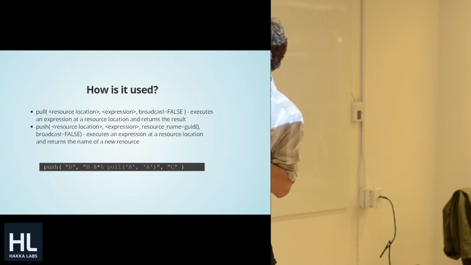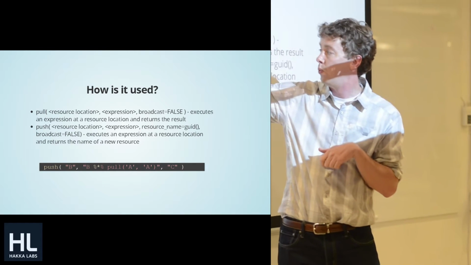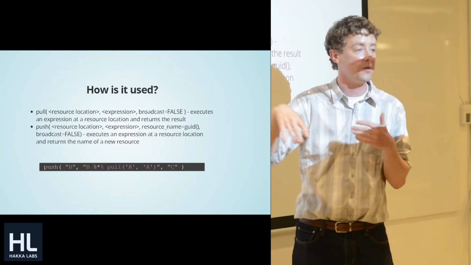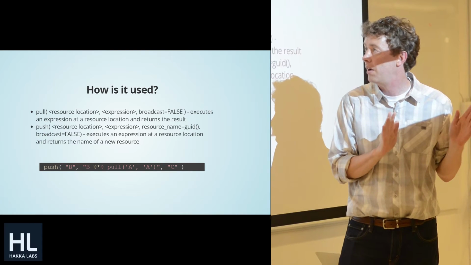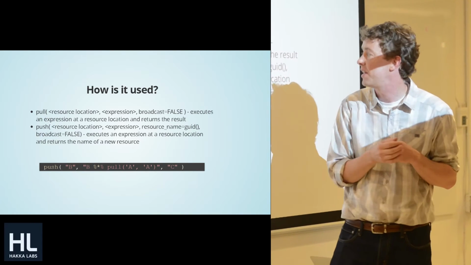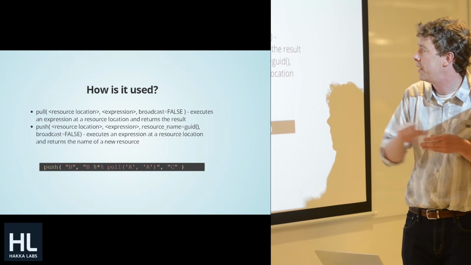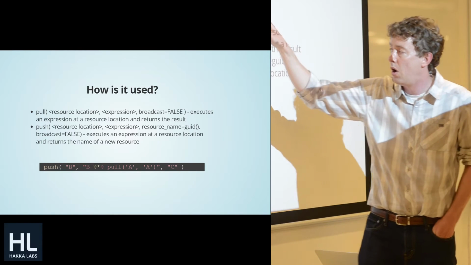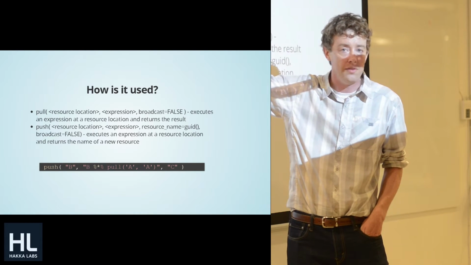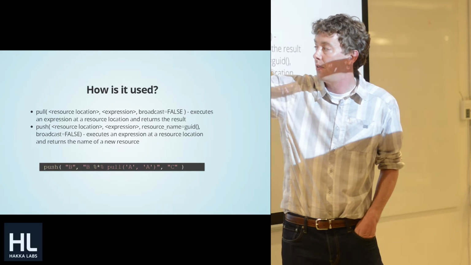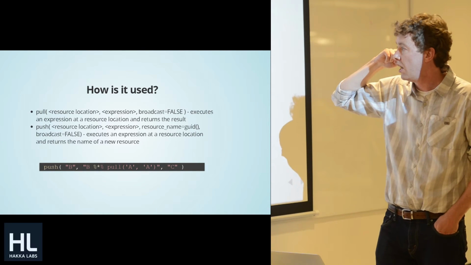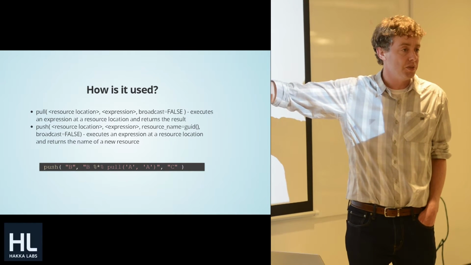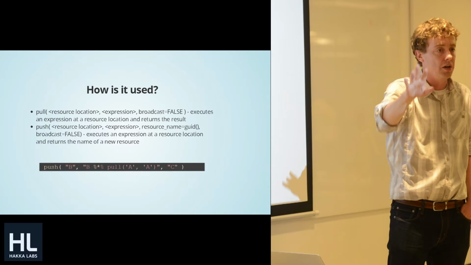So the arguments are where you want the expression to be evaluated in terms of the queues, either the resource location or some other resource naming that you decided on; the expression; and a broadcast option, so should the expression go out to all of the processes that are serving a resource? And then if you're doing a push, you may want to actually name the resource. Otherwise, we're just going to give it a globally unique identifier.